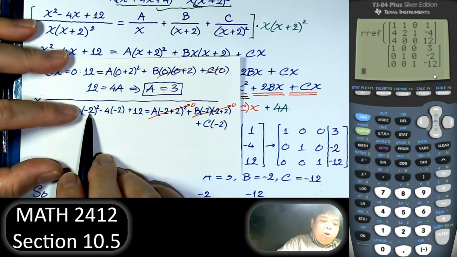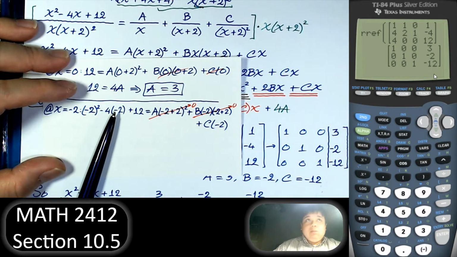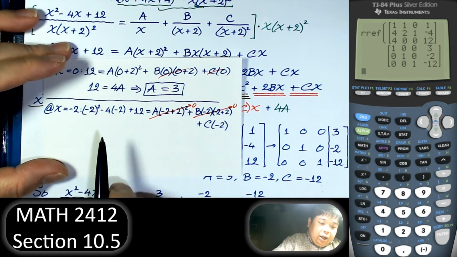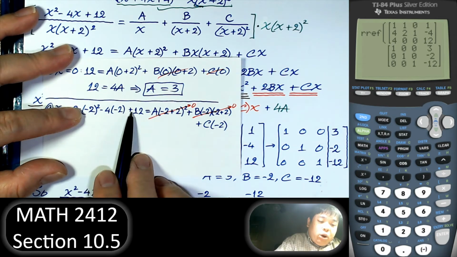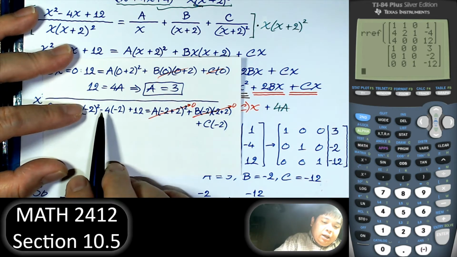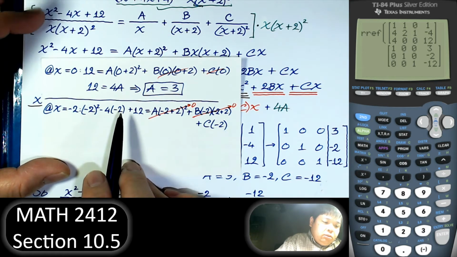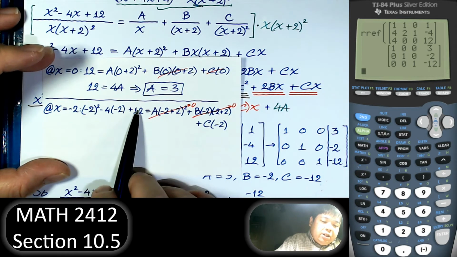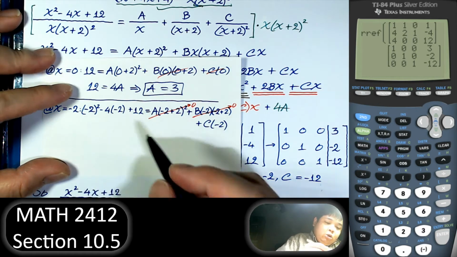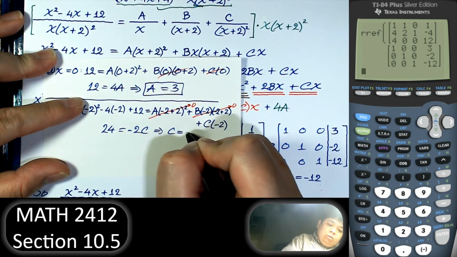And on the left hand side, 4, 12, 16 and 8, 24 equal to -2C, so C is equal to -12.